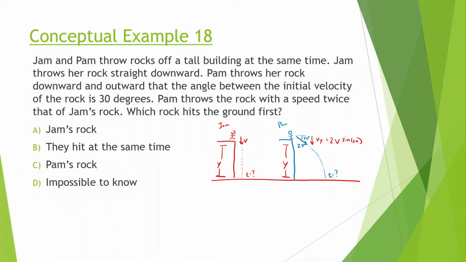So 1/2 times 2, this just cancels out with this. So we see the velocity in the y direction is the same as Jam's. So they're both going to be v. So they have the same information in the y direction. The acceleration in the y is just gravity. V initial in the y is v for both of them. Displacement in the y is the same thing. So that means the time is going to be the same for both of them. So they hit at the same time.